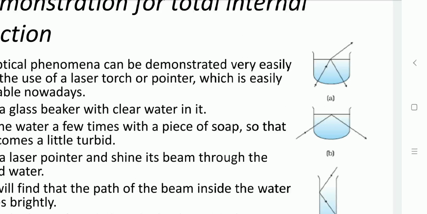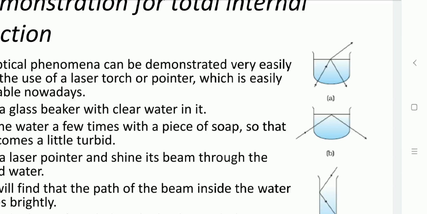Now in diagram B, you can adjust the angle of incidence by trial and error in such a manner that no light component is moving in the air and all the light is propagating through reflection in the water. This diagram B shows total internal reflection.